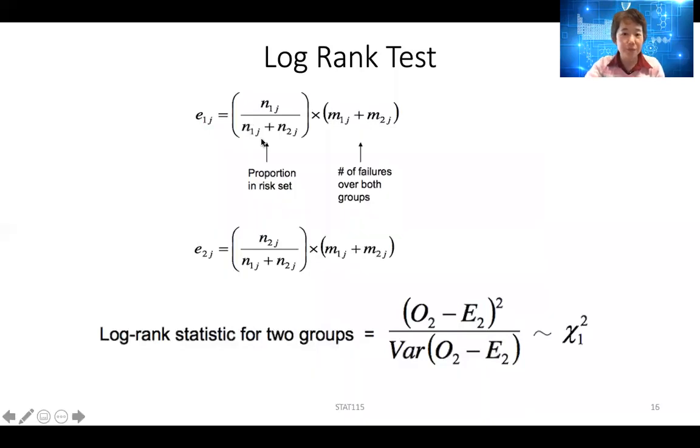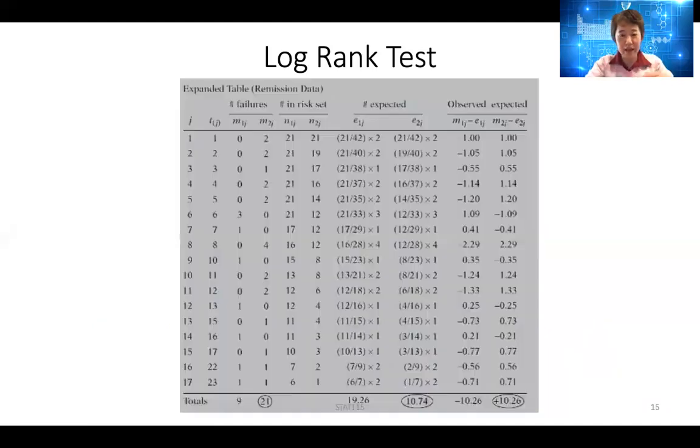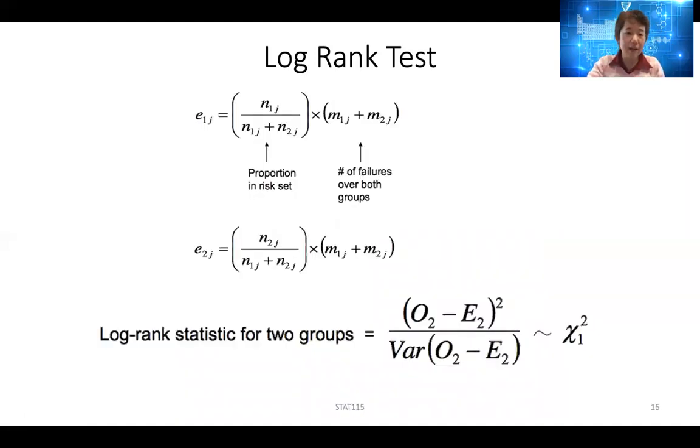Because at every time point you can calculate the observed versus the expected, right? So this is asking, what is your observed over expected? And every time point you can calculate this. At the end, you're asking, is the observed versus expected significantly different. For the log rank test, what we are expecting is called proportion in the risk set.